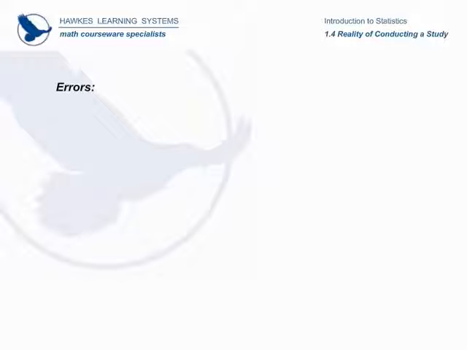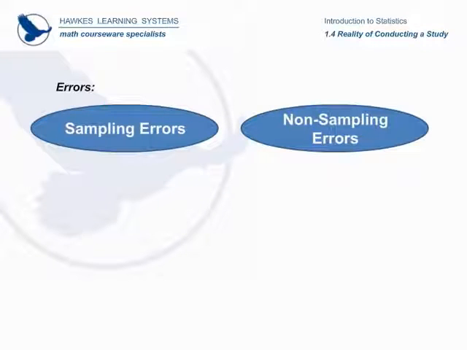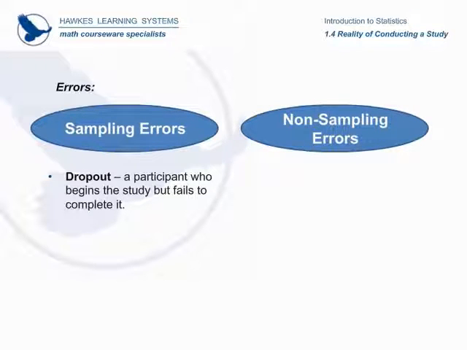So let's take a look at those errors. We have sampling errors and non-sampling errors. For a sampling error, it could be a dropout, and that's a participant who begins in the study but then fails to complete it. They simply drop out of the study.